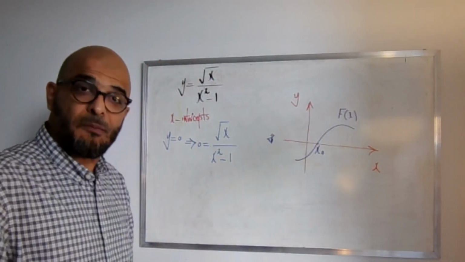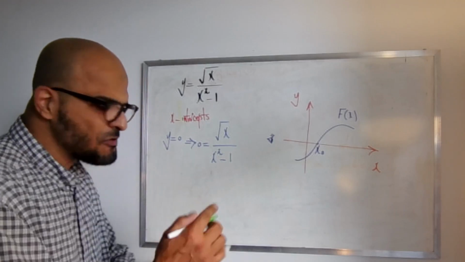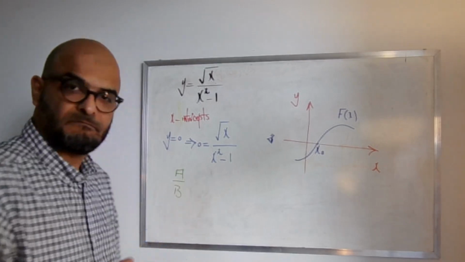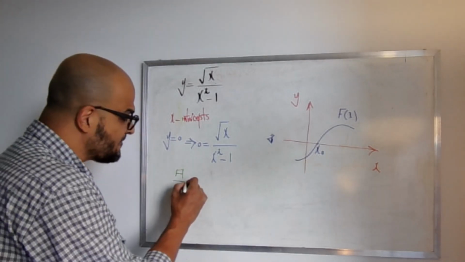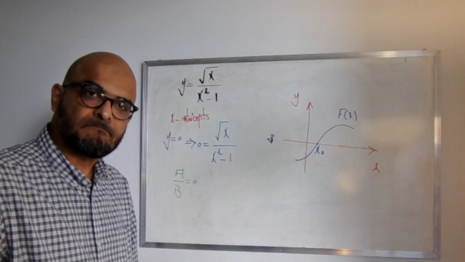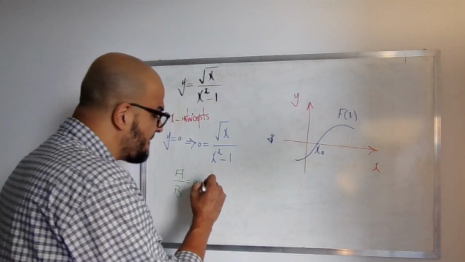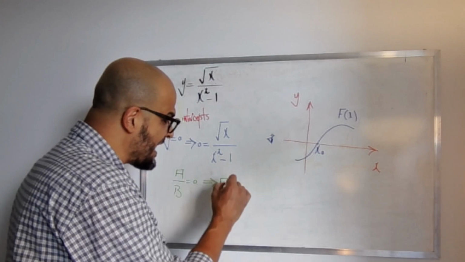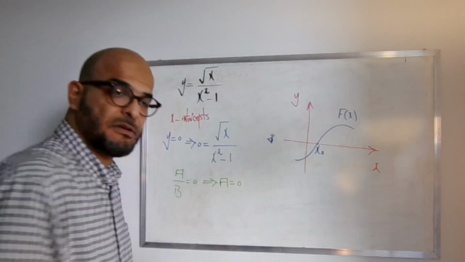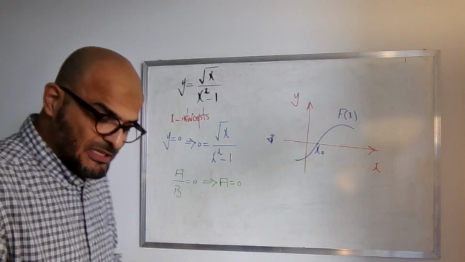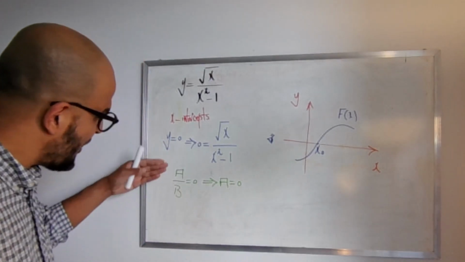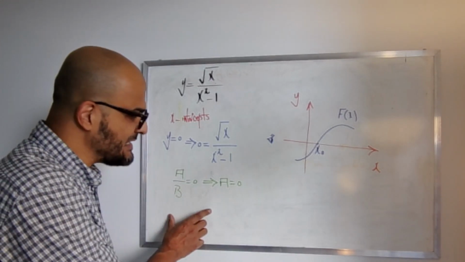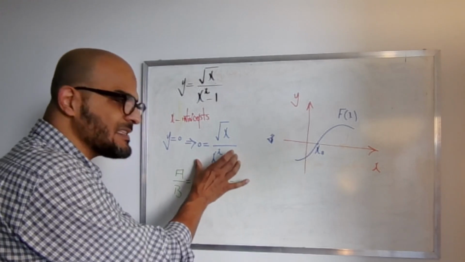I remember from prior studies that if I have a rational expression a over b, and a over b becomes 0, I have one key fact. Necessarily a has to be 0 in order that the rational expression a over b becomes 0. I'm just going to use that identity into solving this expression.